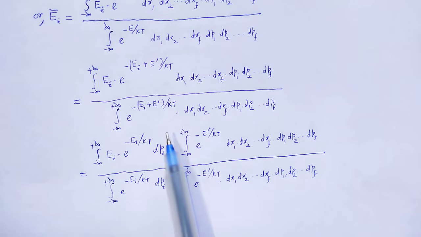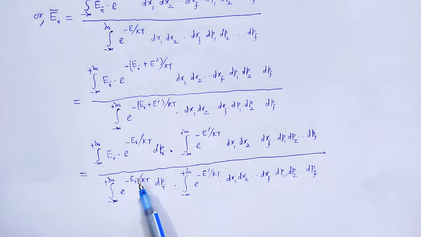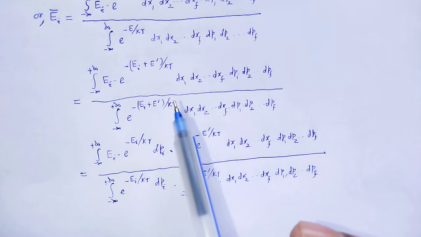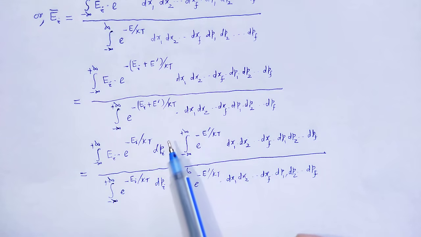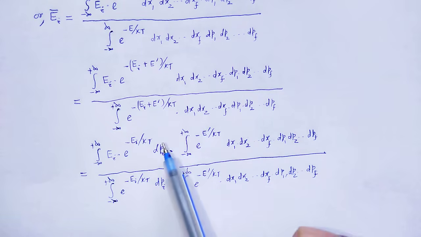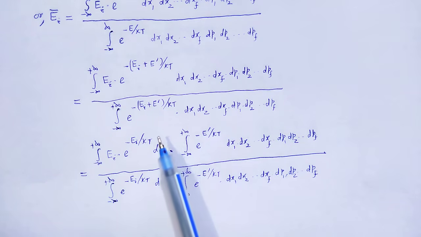As we say, why can we separate like this? The integral containing the e to the power minus ei divided by kt term extends over the position coordinates x1 x2 up to xf and the momentum coordinates p1 p2 up to pf, but we exclude that pi coordinate, and this type of separate integrals are possible.